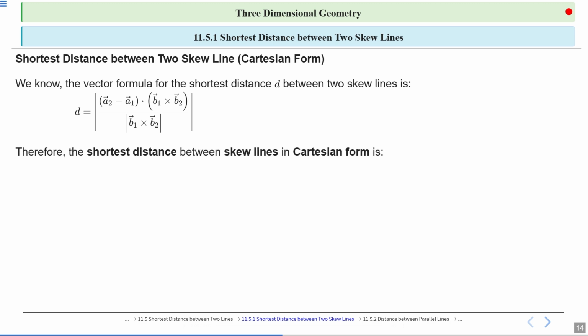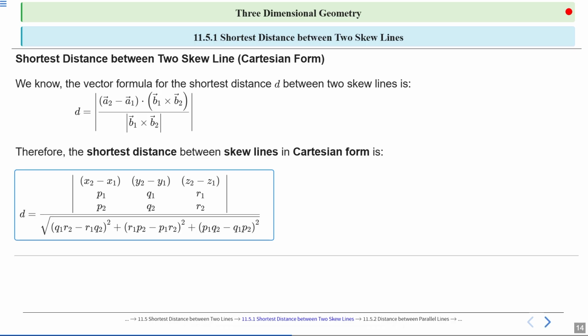Therefore, the shortest distance between skew lines in Cartesian form is the determinant of x2 minus x1, y2 minus y1, z2 minus z1, P1 Q1 R1, P2 Q2 R2, upon the square root of (Q1 R2 minus R1 Q2) whole square plus (R1 P2 minus P1 R2) whole square plus (P1 Q2 minus Q1 P2) whole square.